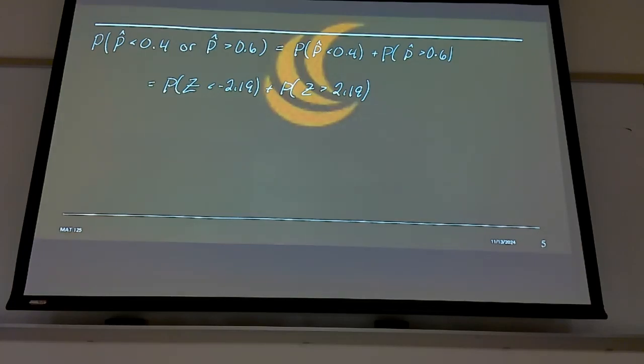Which area would the table give us, left of negative 2.19 or right of positive 2.19? Do we have to visualize this one too? If you want to, you can.